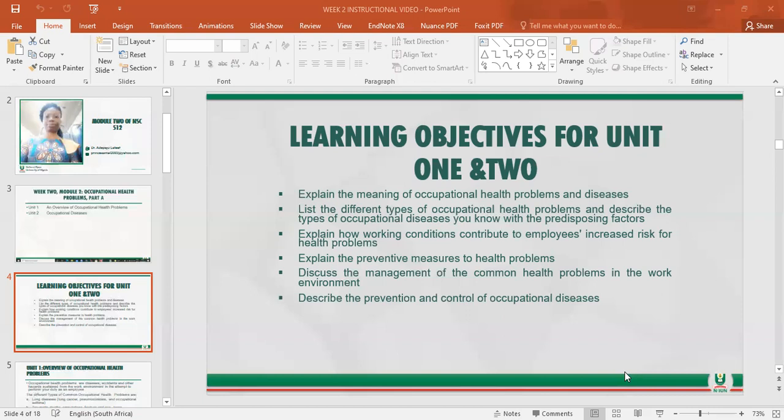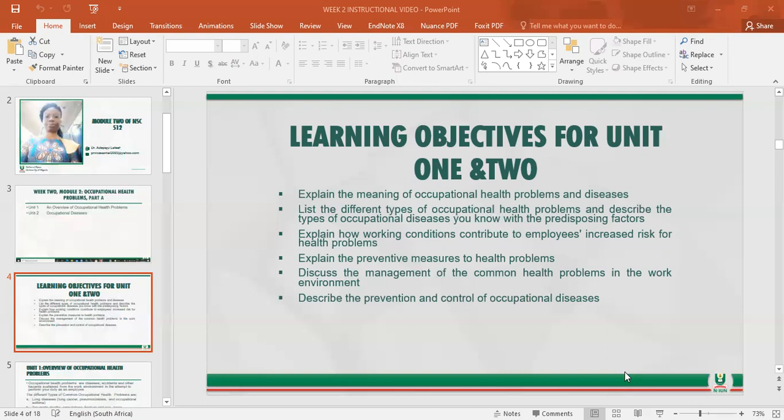The learning objectives for these 2 units are that learners should be able to explain the meaning of occupational health problems and diseases, list the different types of occupational health problems, and describe the types of occupational diseases and their predisposing factors.